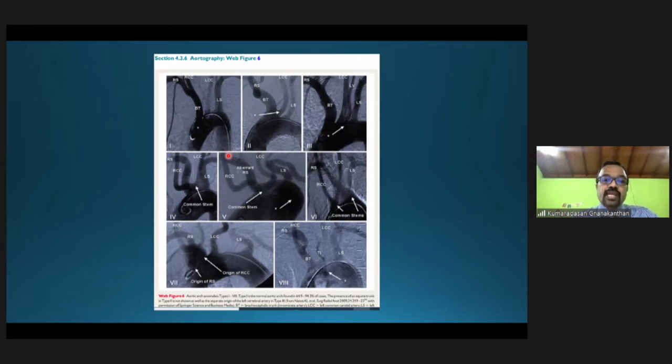In a CT aortogram, we look not only at the aortic root but also at the epi-aortic vessels: the brachiocephalic, left carotid and left subclavian, where they arise from, whether there is a common origin, or whether there are any anatomical variations or abnormalities. This helps in planning the surgery, how to cannulate and where to cannulate for the surgical procedure.